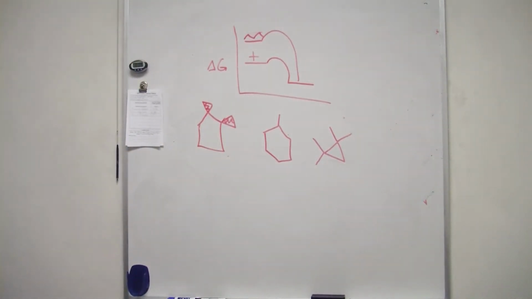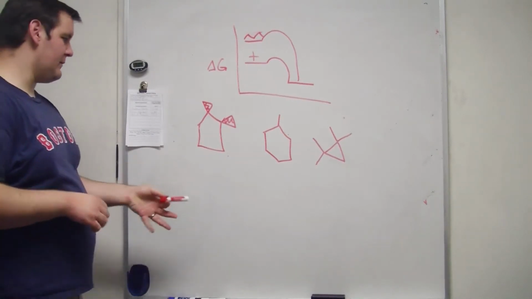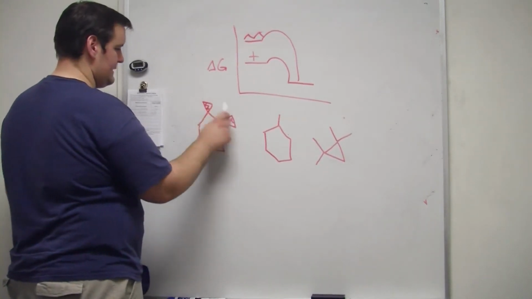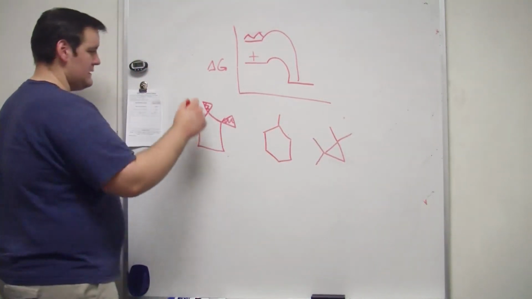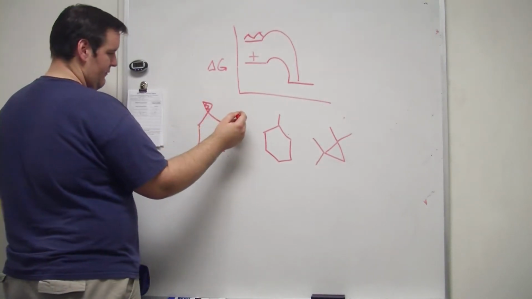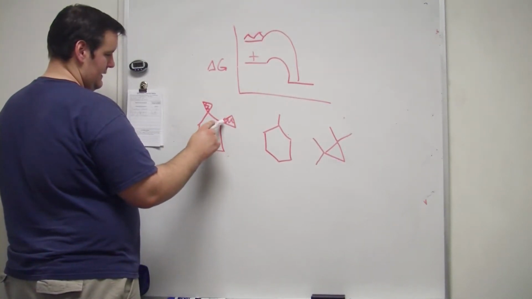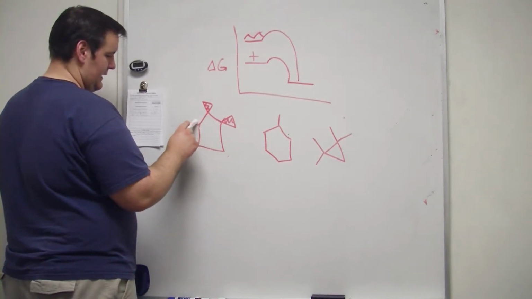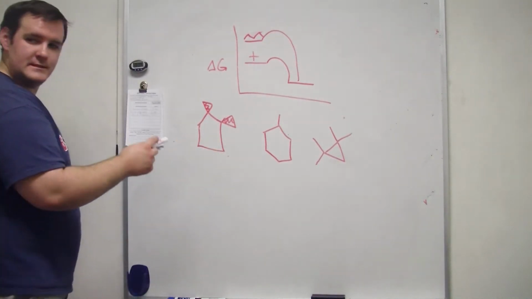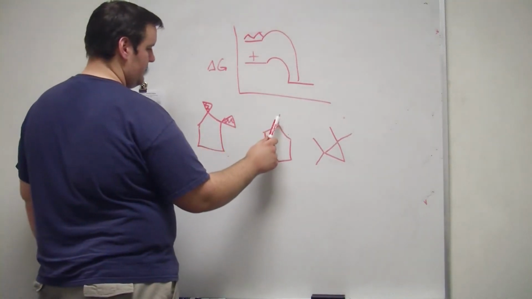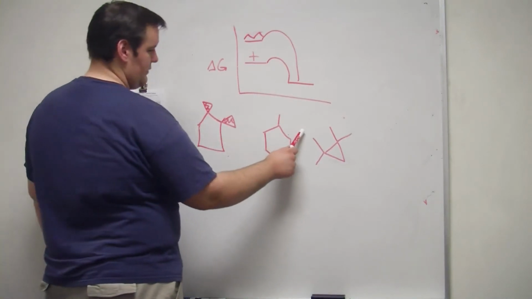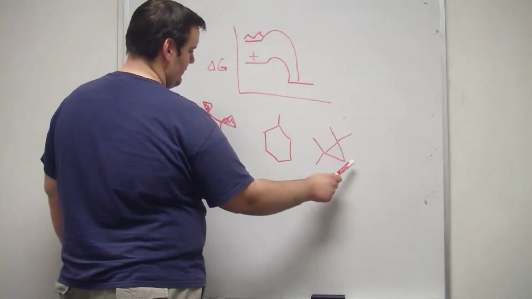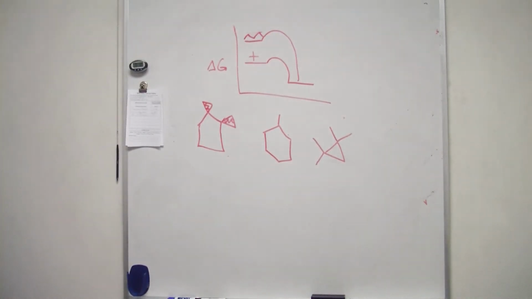So they do, because they have the same number of carbons, right? 1, 2, 3, 4, 5, 6, 7. And this one has 14 hydrogens. This one also has 14 hydrogens, and this one has 14 hydrogens.